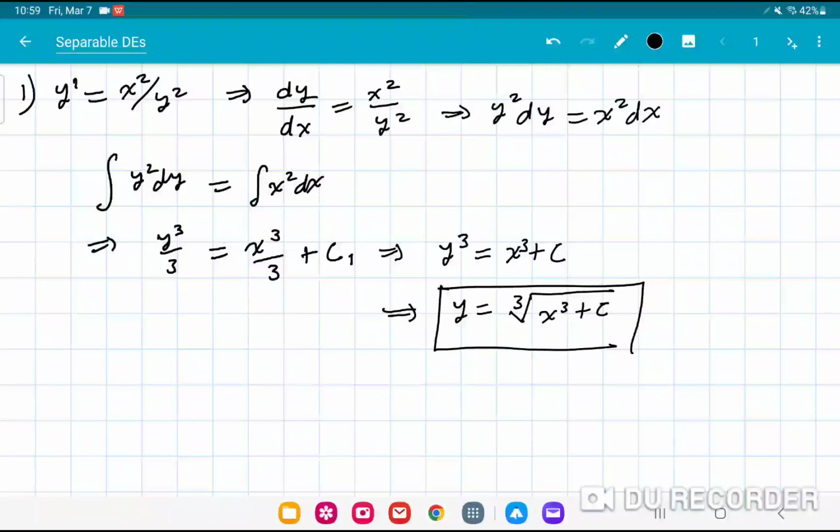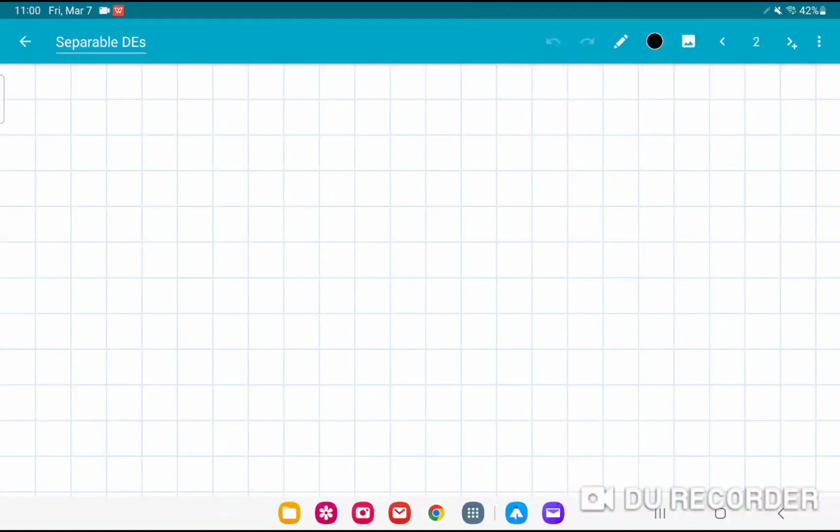They should be equal. Okay, the next example I like to do is an initial value problem. y prime equals x squared over y squared, where y of 0 equals 2. This is called an initial value problem.